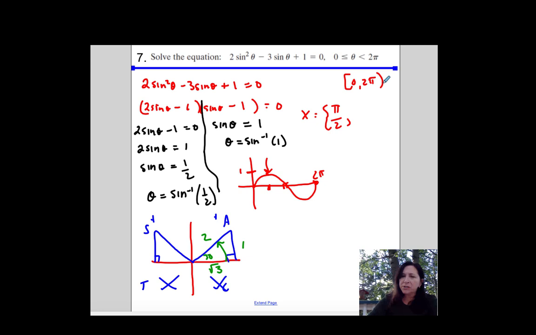That means it's a pi over 6. So here we are at pi over 6. And then from here to here, again, is 30-degree reference. But what that's telling me is from here to here is pi over 6, which means from here to here is 5 pi over 6, because you're 1/6 short from being at pi. So my second value for this is 5 pi over 6.